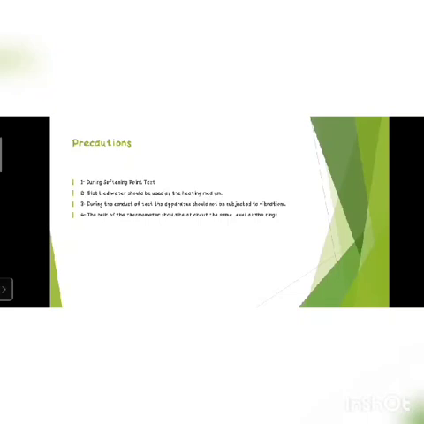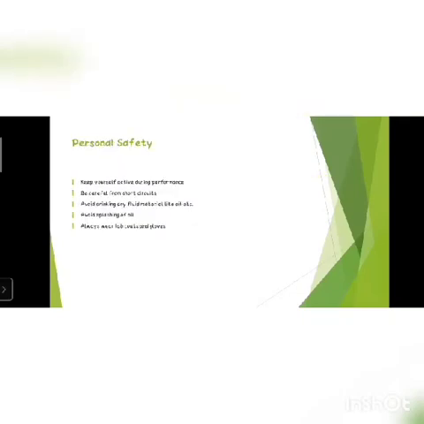Now some personal safety: keep yourself active during the performance. Be careful of short circuits. Avoid drinking any fluid material like oil. Avoid splashing of oil. Always wear lab coats and gloves.